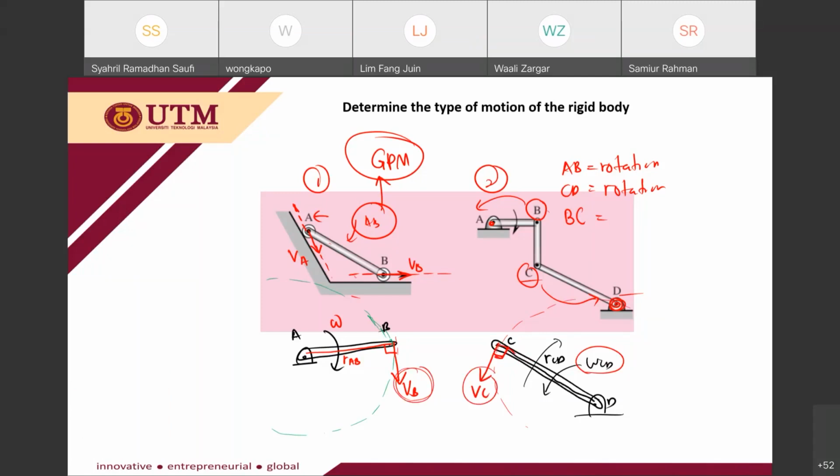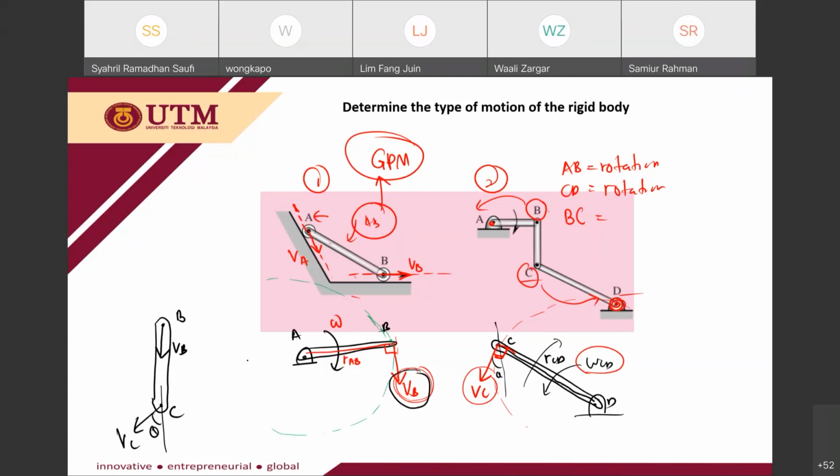Okay, you may notice that this is my VB, this is my VC. So I draw my member BC. So this is my member BC. Okay, this is B, this is C. VB is affected by the rotation of the rod AB, so downward VB. And then VC is affected by the rotation of member CD, so here I have a certain angle, VC.